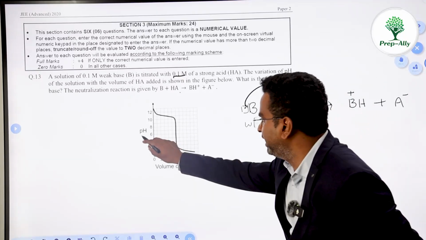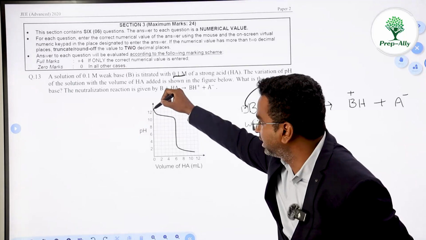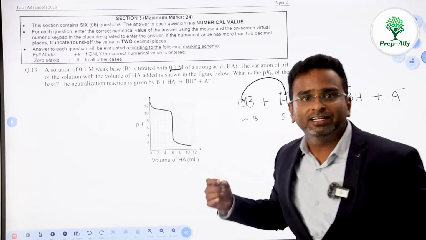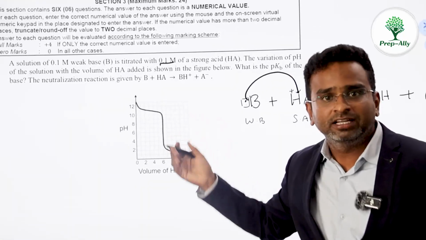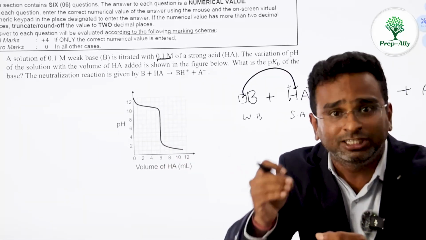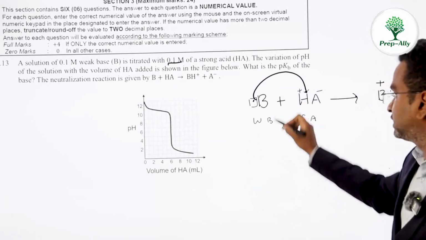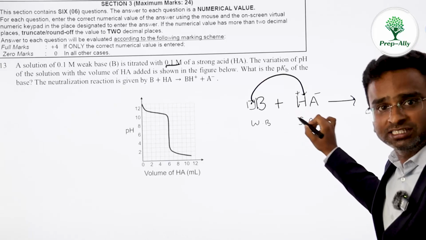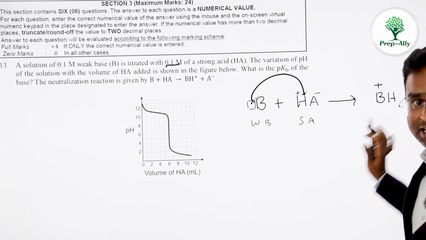If you consider pH, initially the pH started from around 13, because the weak base is available, obviously pH will be on the higher side. When you keep on adding acid to the base, the pH starts falling because this weak base starts reacting with strong acid, converting into the corresponding salt.